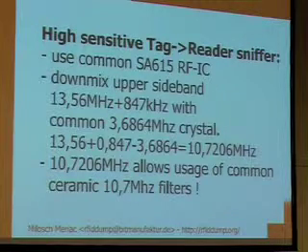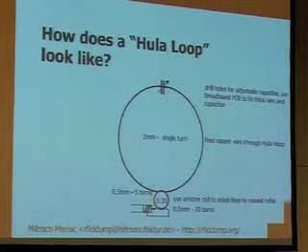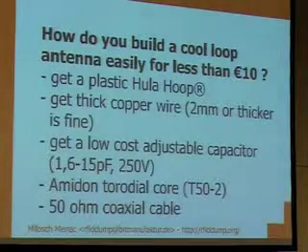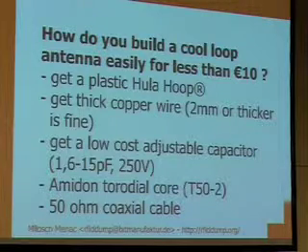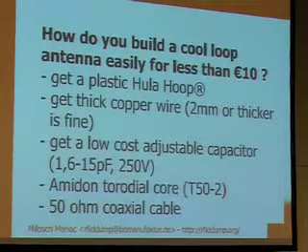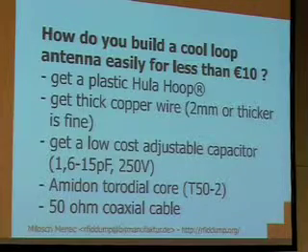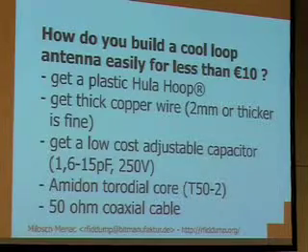But we only want to sniff passively, so we can use cheap capacitors, and it's very simple to build a homebrew loop antenna. The simplest loop antenna you can achieve is by buying a plastic hula hoop, getting a really thick copper wire, 2 mm does the job, a very cheap adjustable capacitor, and a toroidal core to create the interface to your BNC and your further processing equipment.